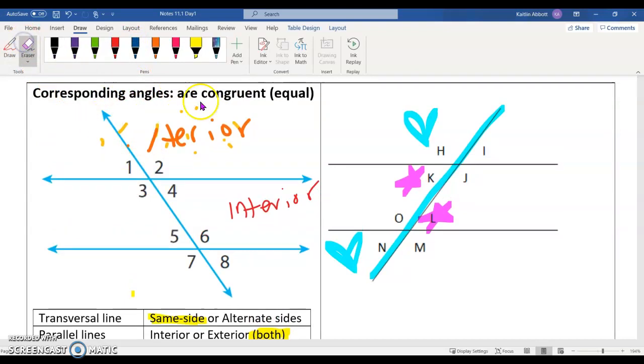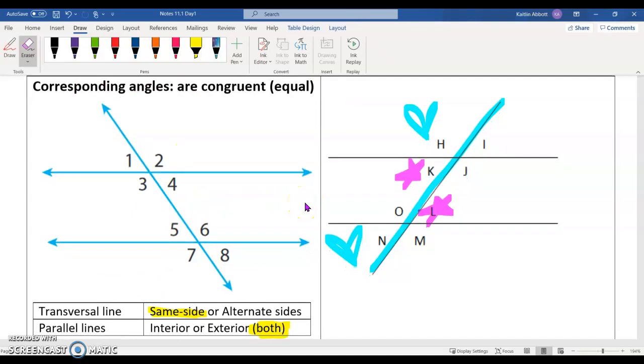Let me now erase everything, and I'll just rewrite it smaller so we still have room there. So they are going to be same side and both. So for example, this one and this one.